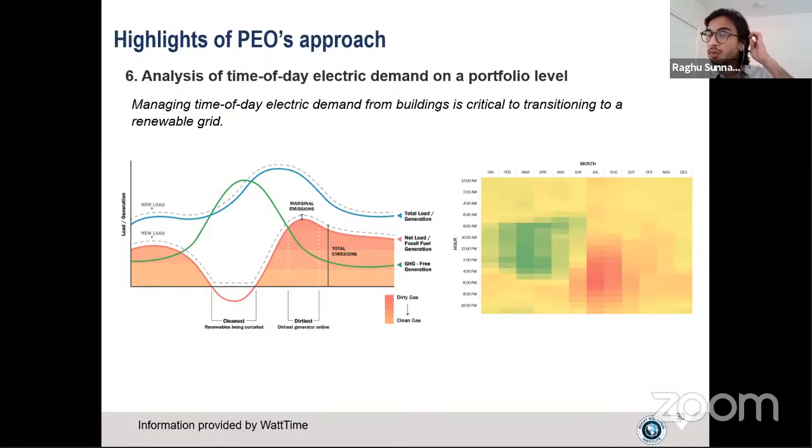And when we start moving towards renewable sources, it's really important to understand how the demand profile changes and to be able to capture how the demand profile looks during the whole day, and managing the time of day when electricity peak demand occurs, I think is really critical. And that's one of the nuanced results that we are able to look at through the PEO.